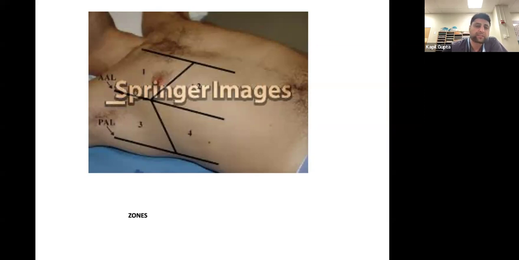So zone 1 and 2 show us the anterior lung. For the lateral portion of the lung, we scan zone 3 and 4. And zone 5 and 6 is in lateral position. In that case, we have to make the patient lateral, in lateral decubitus position, to be able to scan the posterior portion of the lung.